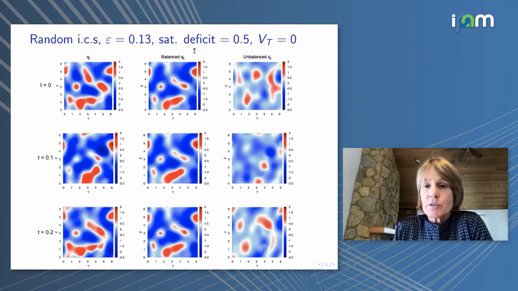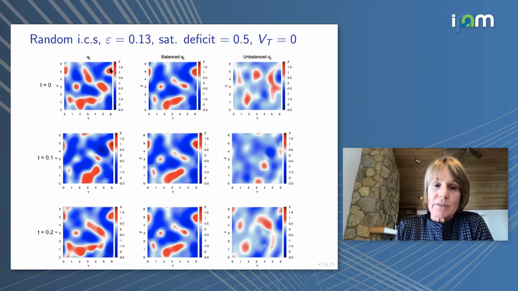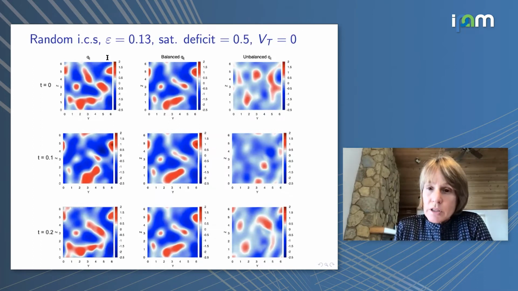And there is a saturation deficit of 0.5, which means that when the total water is greater than that value 0.5, then we have liquid, and those are the red blobs in these pictures. And when the total water is smaller than 0.5, we have water in the form of vapor, and that's the blue.